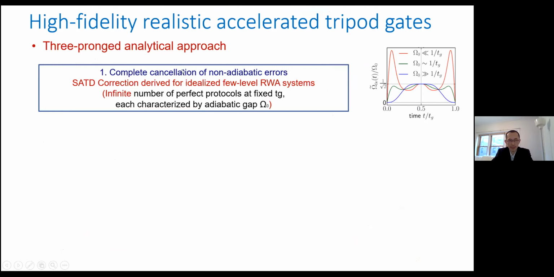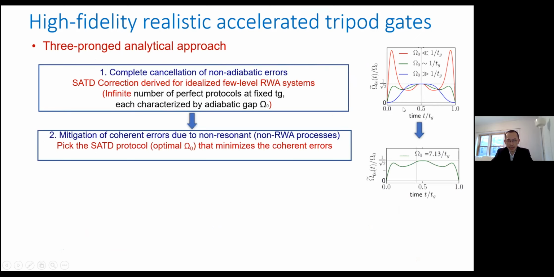And here I have the summary of the approach that we use to design the high fidelity tripod gates in realistic system. We first start off with the SATD protocols for few level systems where we have in general infinite of them, and all of them can cancel perfectly the non-adiabatic errors.